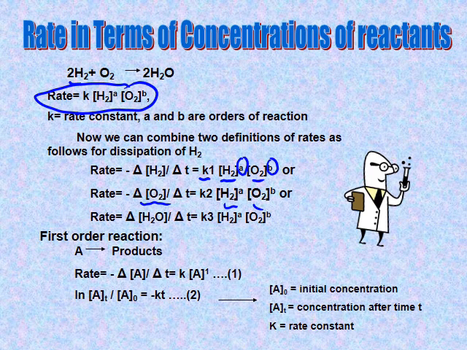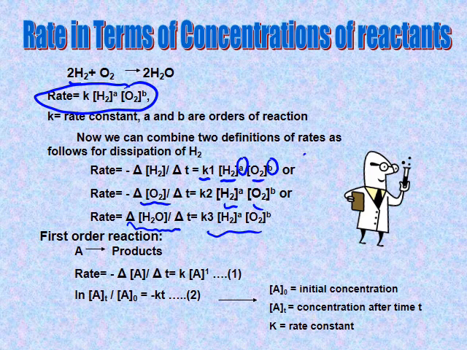Concentration is nothing but the number per unit volume, number of moles per liter, for example. Now in case of H2O, again, this is one way of writing down the rate expression, which I already discussed in terms of concentration change, and we can write it for every chemical. And this is the second way of writing down the same rate, in terms of a constant, the rate constant, times the concentrations of the reactants.